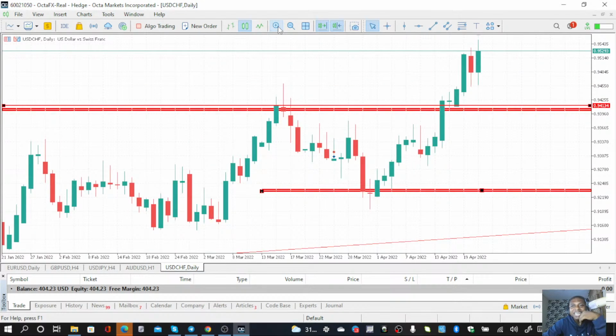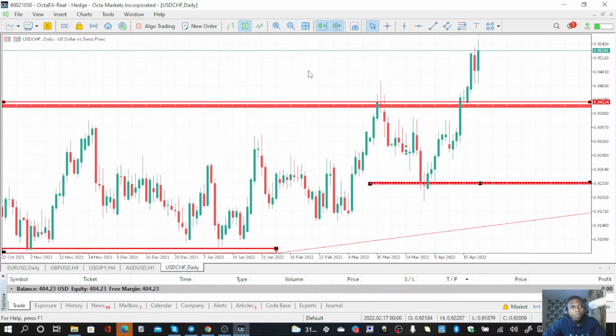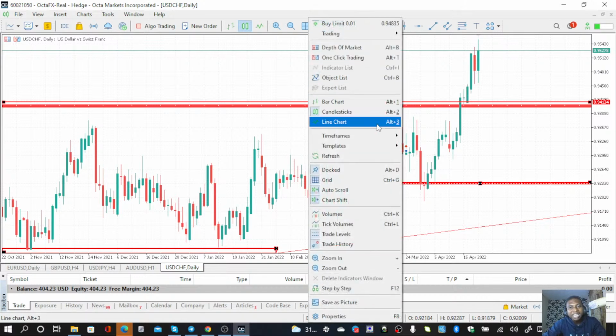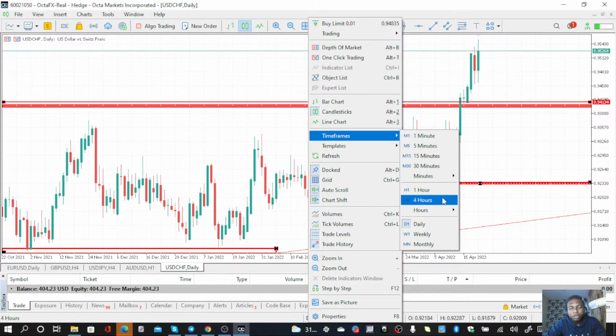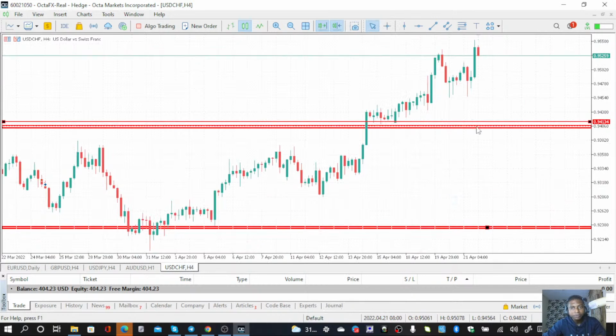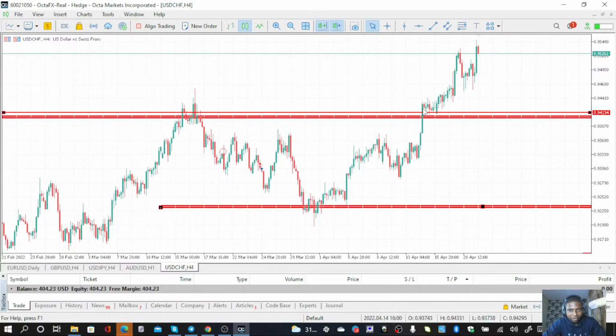So we can see clearly what is happening here. What position would I take at this level? I am buying. However, I want to confirm my position by looking at the lower time frame, the 4 hours chart.